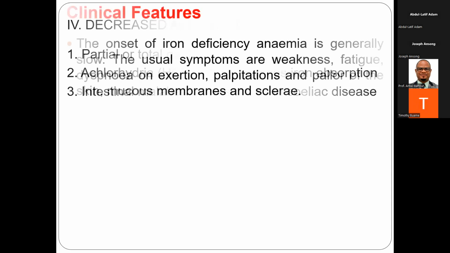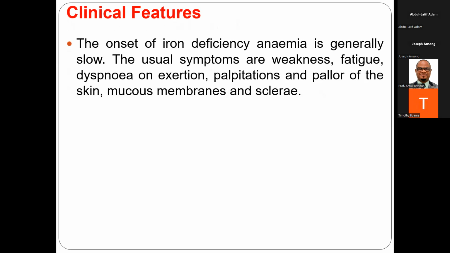Okay. What are the clinical features of iron deficiency? Generally slow. I mentioned that it takes a lot of time for the tissue stores of iron to be depleted, and then iron deficiency shows up. It develops slowly.